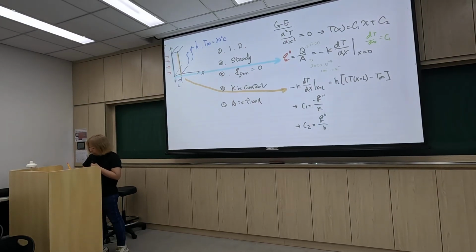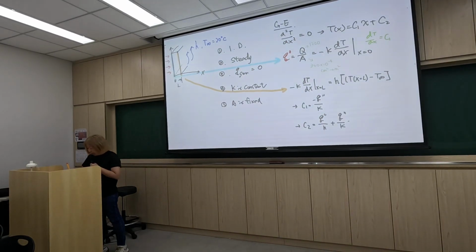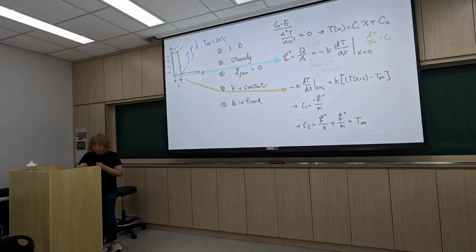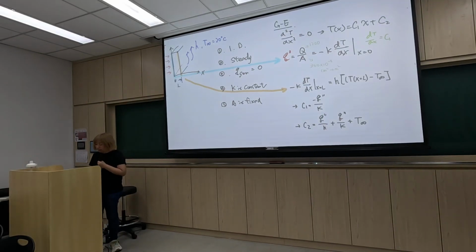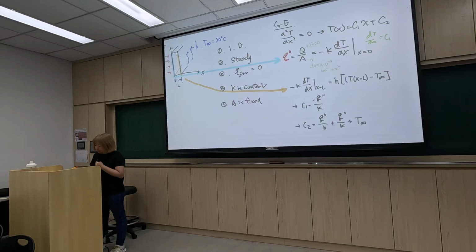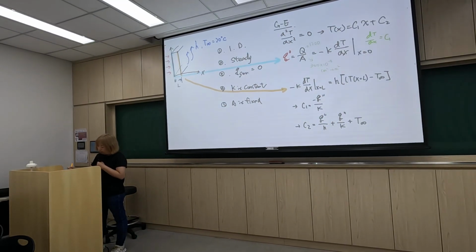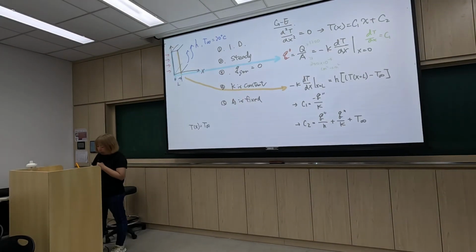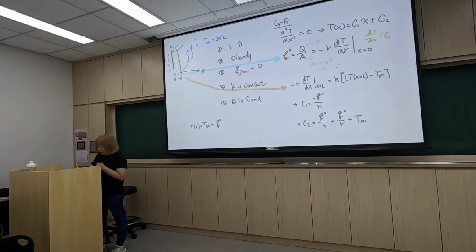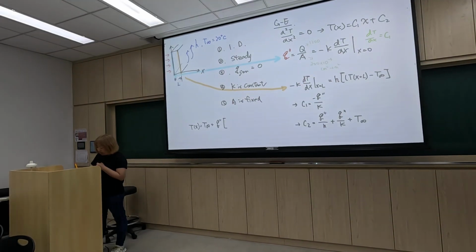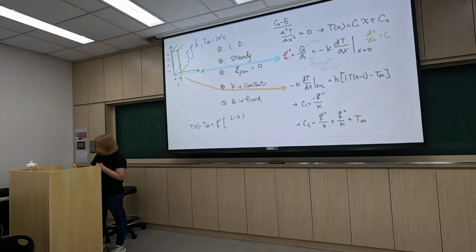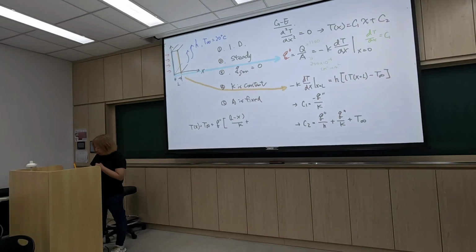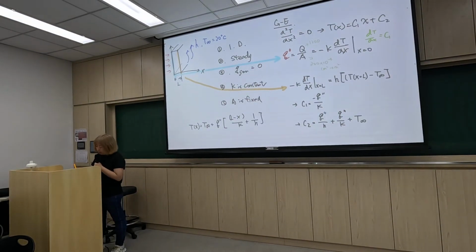We put q back into the equation. Then we write down that T(x) now becomes the environment temperature plus q times (L minus x) over k, plus this.